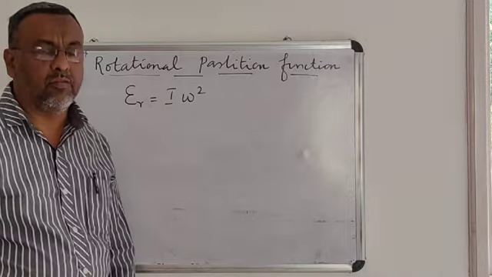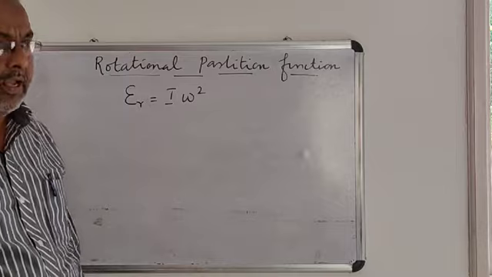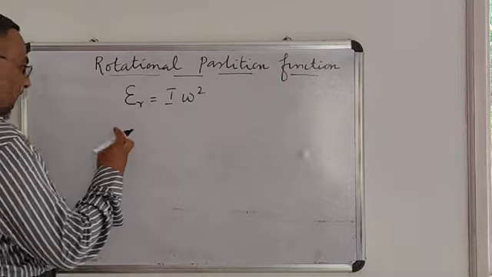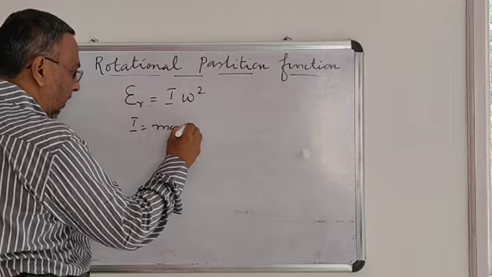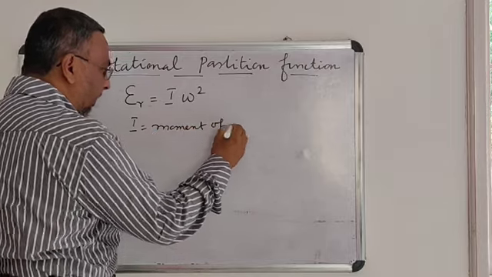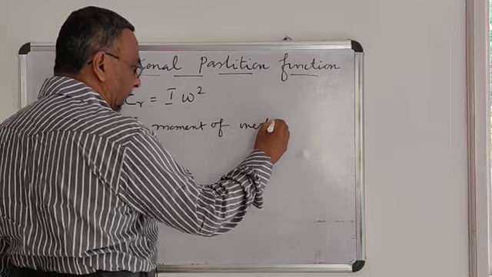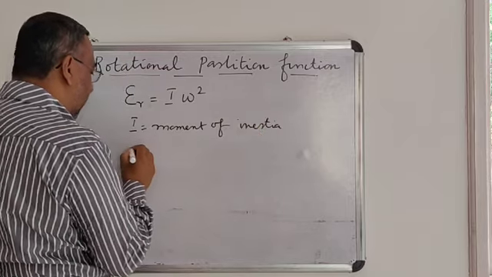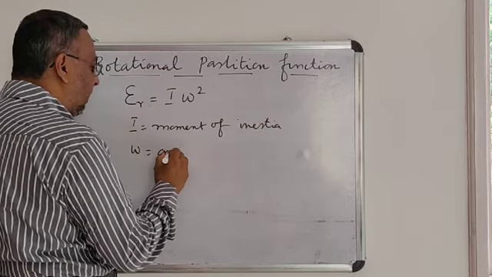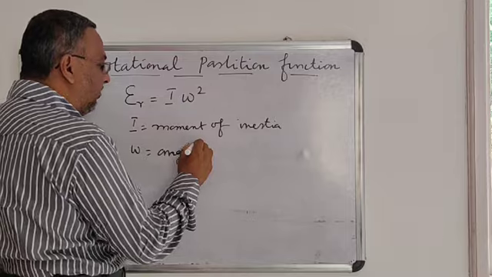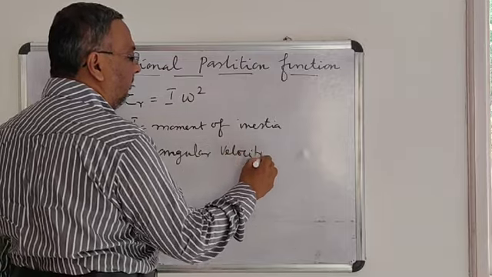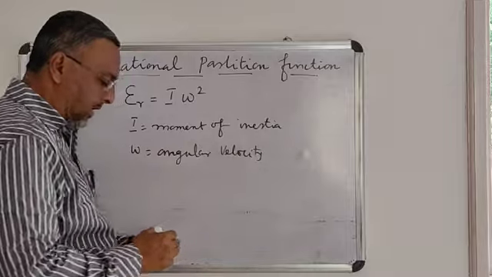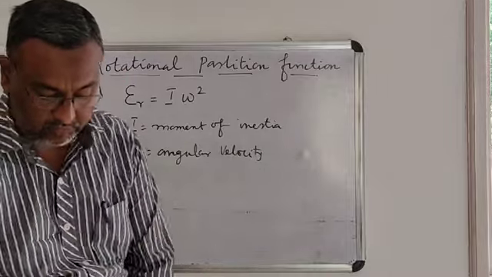I is the moment of inertia and omega is the angular velocity of rotation.